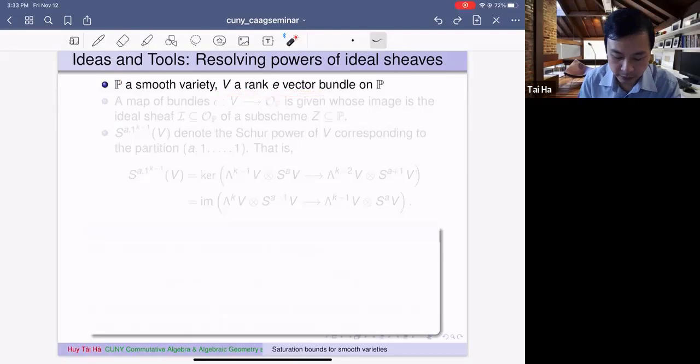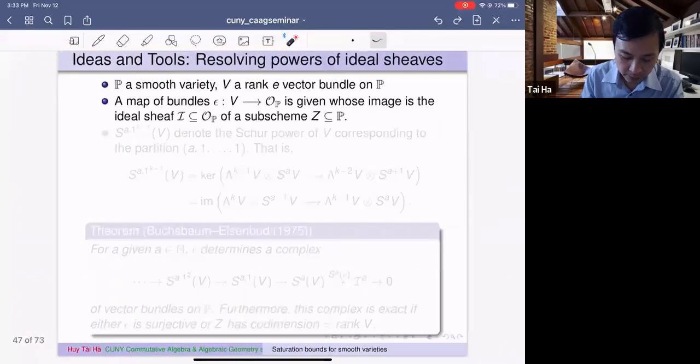V is going to be a rank e vector bundle on P, which is just the U0 that you have seen before. And suppose that there's a map between vector bundles from V to the structure sheaf of P, whose image is an ideal sheaf, and that defines a subscheme Z inside this projective variety, or projective space later on.